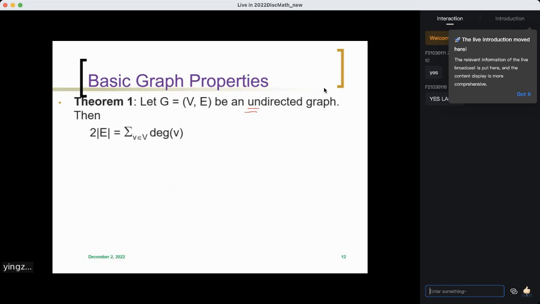And then we have this rule: the summation of all the vertex degrees equals 2 times the number of edges. This E is the edge set, so the bars around E mean the number of edges.